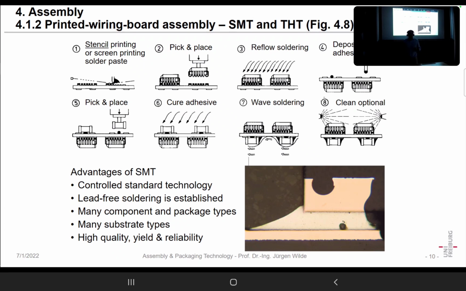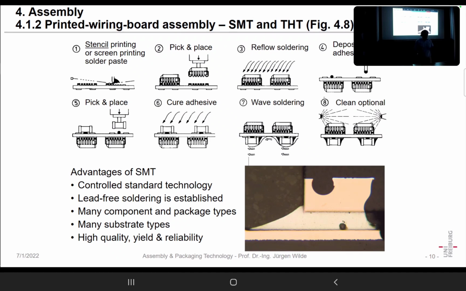On the other hand, all of the automated soldering processes that were introduced many decades ago were wave soldering, and also the complete through-hole technology was done by wave soldering.